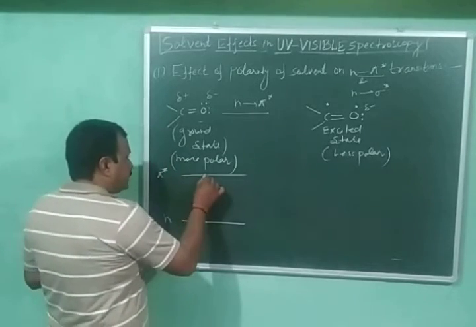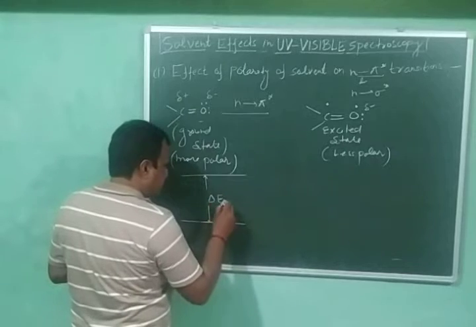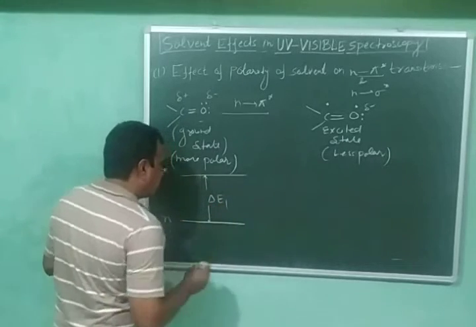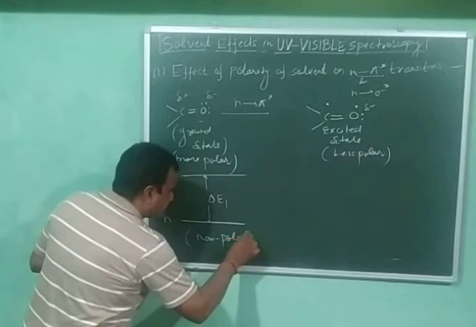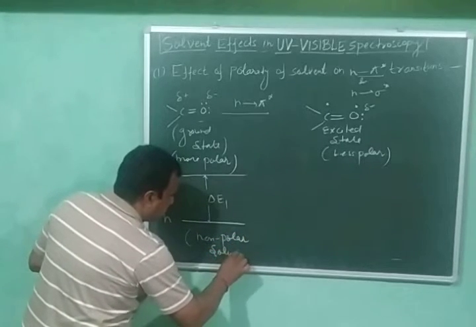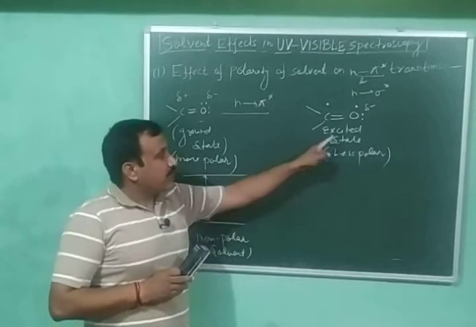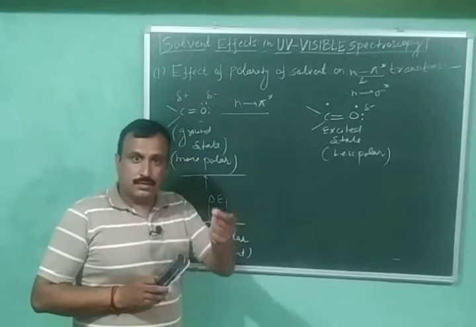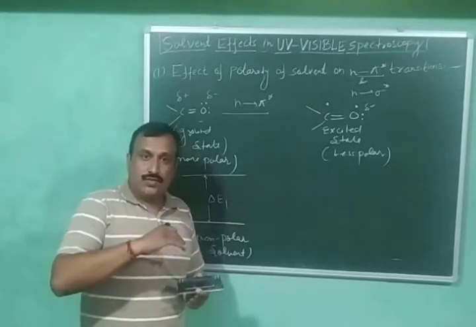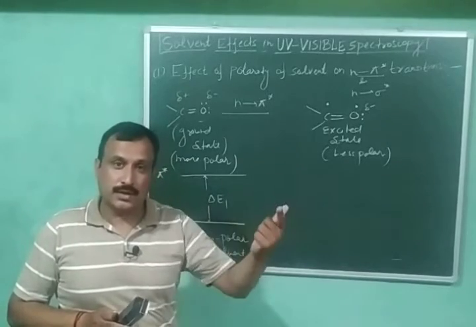And this is the energy difference between these two states, delta E1, and it is in non-polar solvent. Now, as I said, the excited state is less polar and the ground state is more polar. And now I will change the solvent from non-polar to polar.